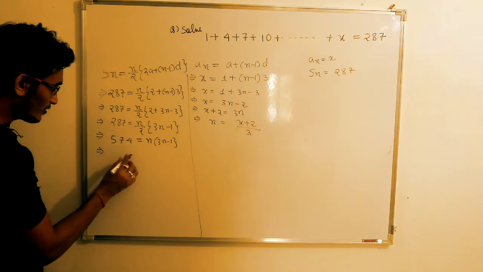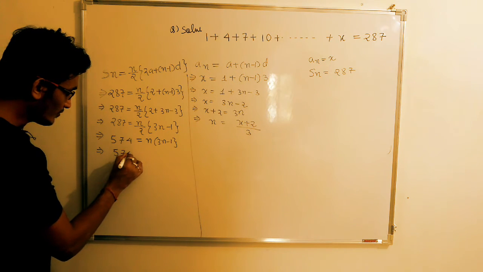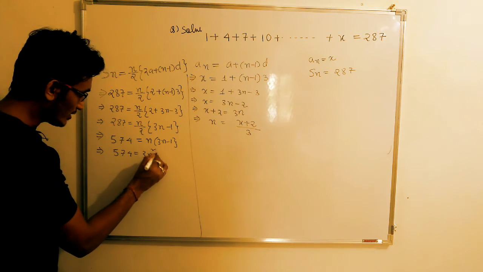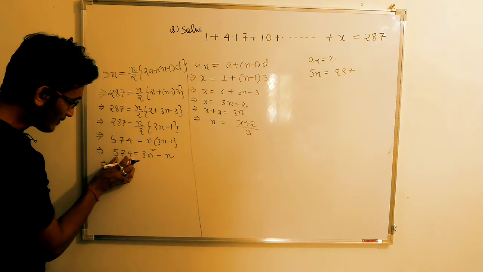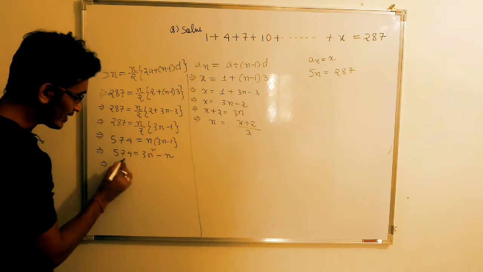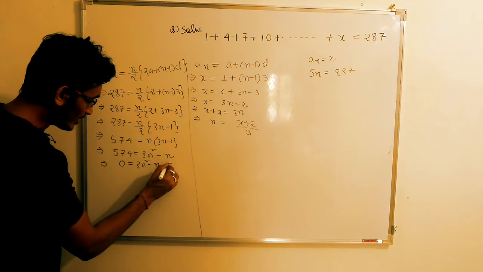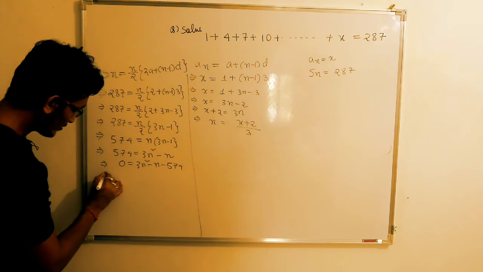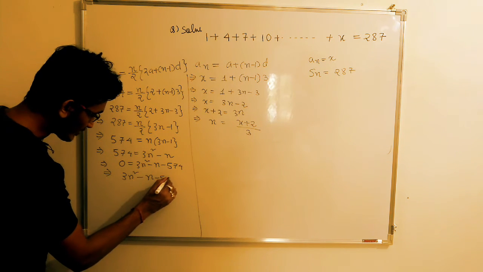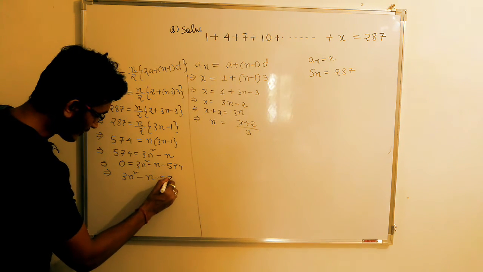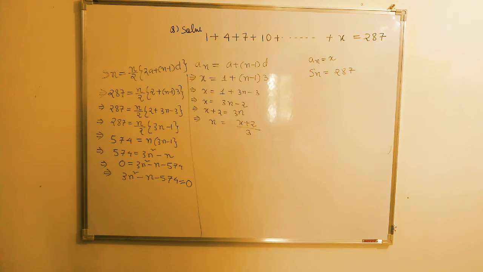So from here 574 equals 3n square minus n. So 574 we need to transpose to the right hand side, it becomes 0 equals 3n square minus n minus 574, or you can write 3n square minus n minus 574 equals 0. So this is the equation.